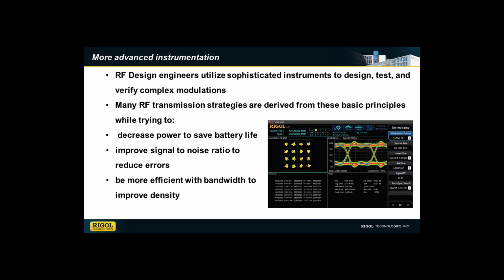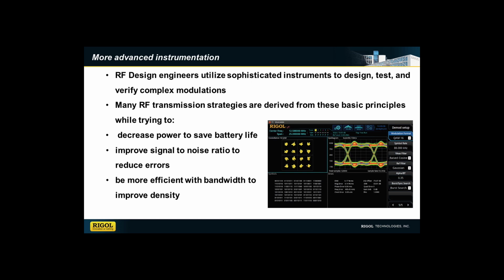Now, more advanced instrumentation can do this demodulation directly, such as our RSA 5000, which has a toolkit for showing the constellation diagram and the bits and the symbols for each of these types of complicated modulations like QAM.